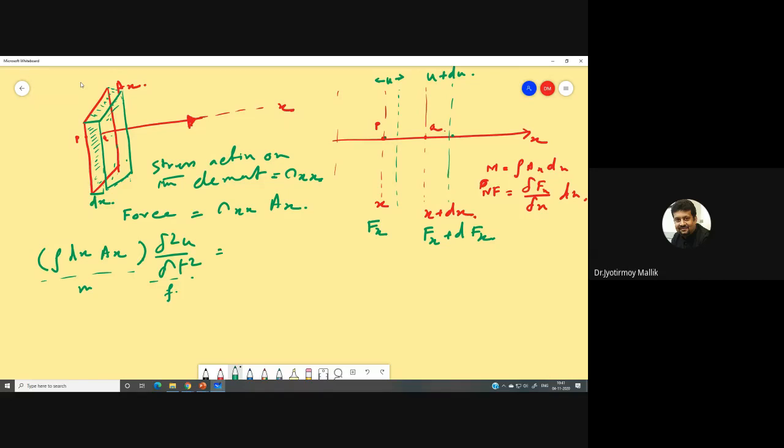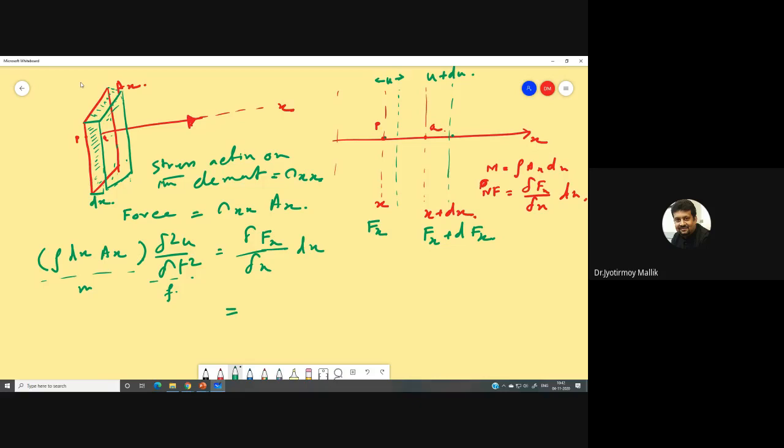And then force we have also written as delta Fx by delta x times dx, right? Now let us substitute Fx with sigma.